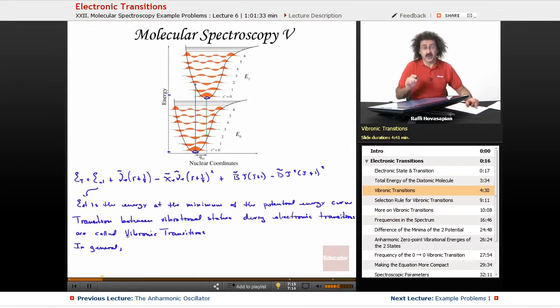Now, in general, we will ignore, like we said before, the rotational terms in the above equation, so it makes our equations a little bit easier to deal with.